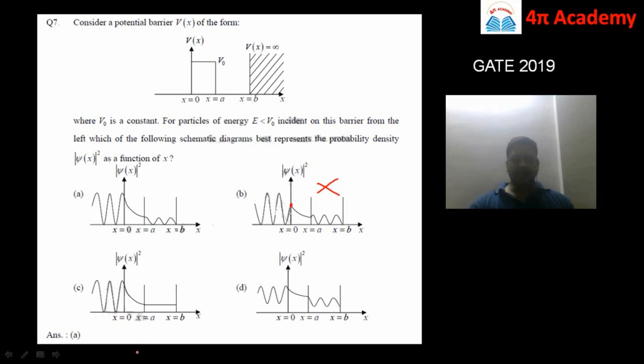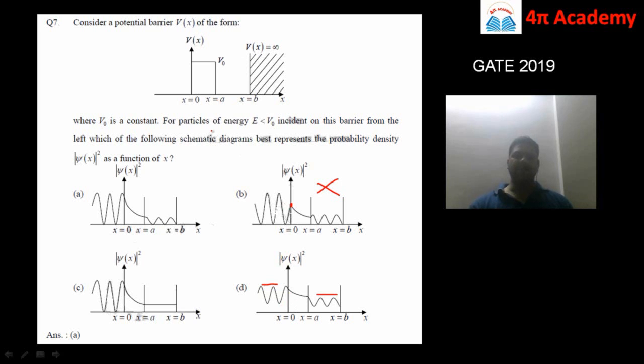Then if you look at answer D, here you can see that the amplitude of the wave remains almost the same for this region as well as this region, which cannot be possible.